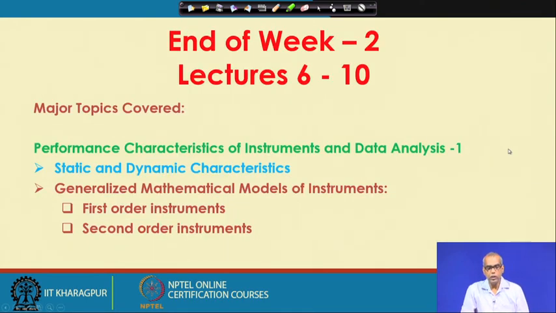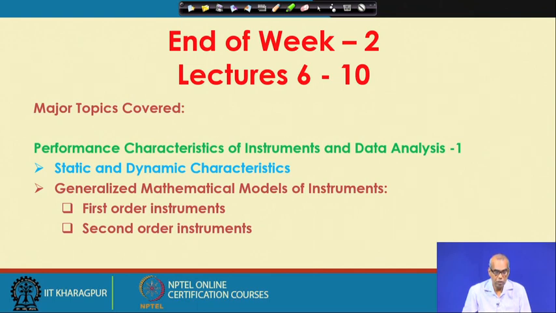So, this is the end of week 2 and lectures 6 to 10. The major topics we covered are performance characteristics of instruments and data analysis part 1. Under this, we have talked about static characteristics and dynamic characteristics. We have also talked about general mathematical models of instruments.